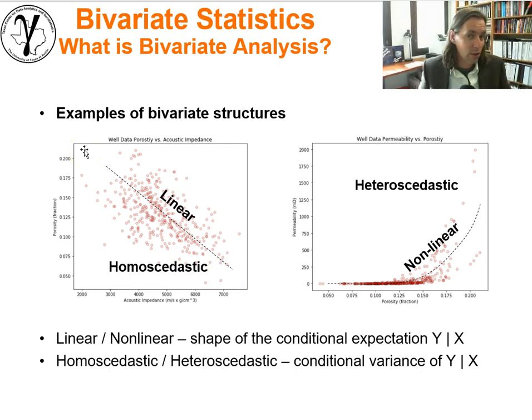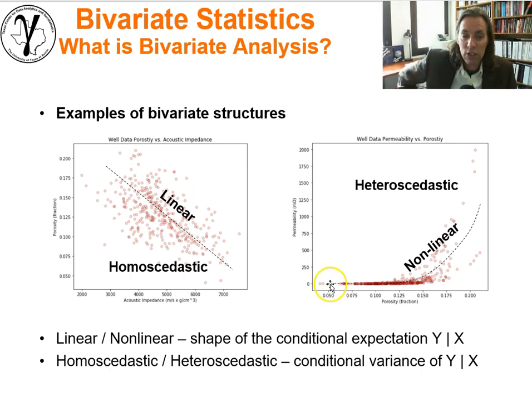Now, there's quite a bit of cloud around it, and if you look at the cloud, the degree of scatter, if we look across different ranges or bins of acoustic impedance, that range of scatter is somewhat constant. The variance does not vary over the range. The variance of porosity does not vary over the range of acoustic impedance. That would be what we call homoscedastic.